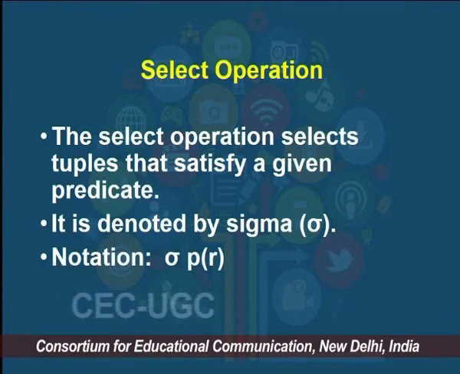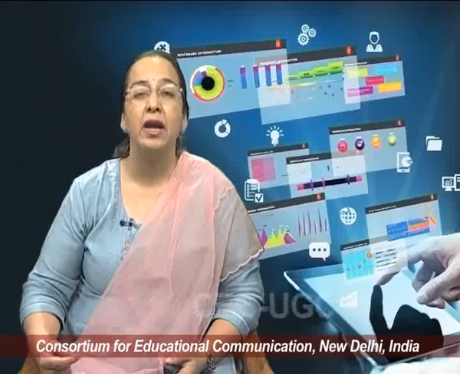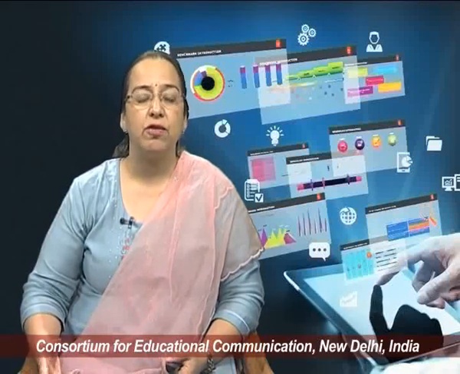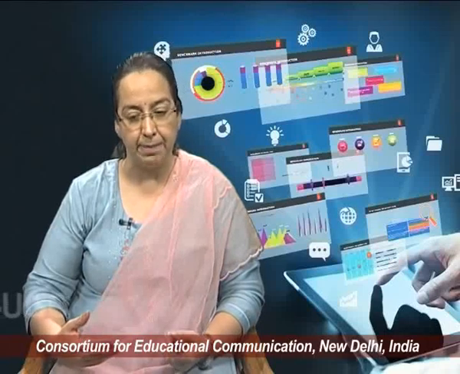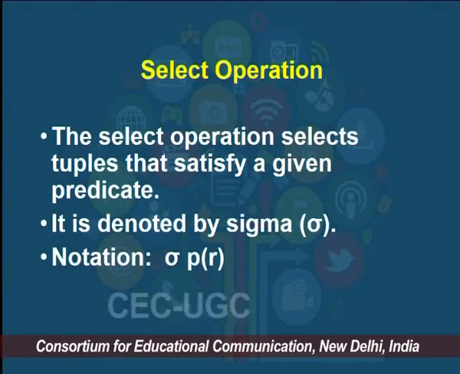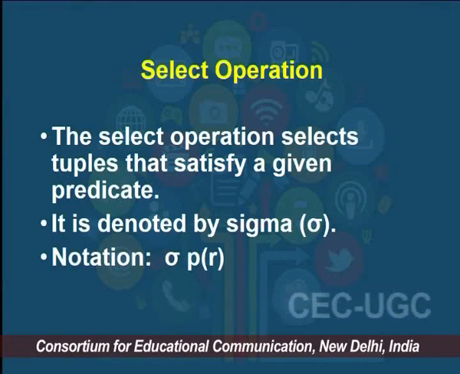The select operation is denoted by the letter sigma, and the notation of the whole query is sigma p within the bracket r. So sigma is for select, p is the predicate which we want to give.